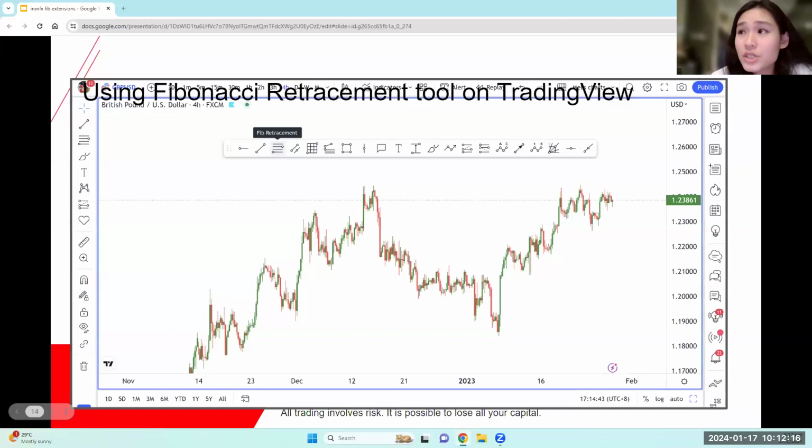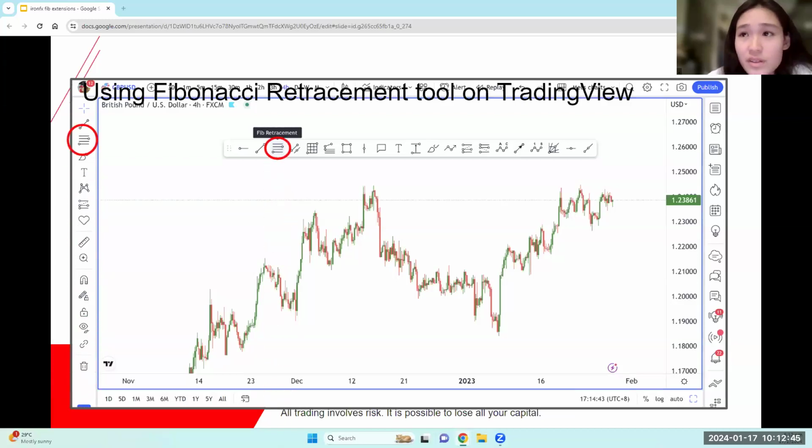Okay, so now looking at the Fibonacci retracement tool on TradingView. We have a typical layout. In this case, we're looking at pound dollar for this example. But basically, you click on the Fibonacci retracement tool, which is the symbol with the four horizontal lines over here. I think you can find this on the top bar or the sidebar.